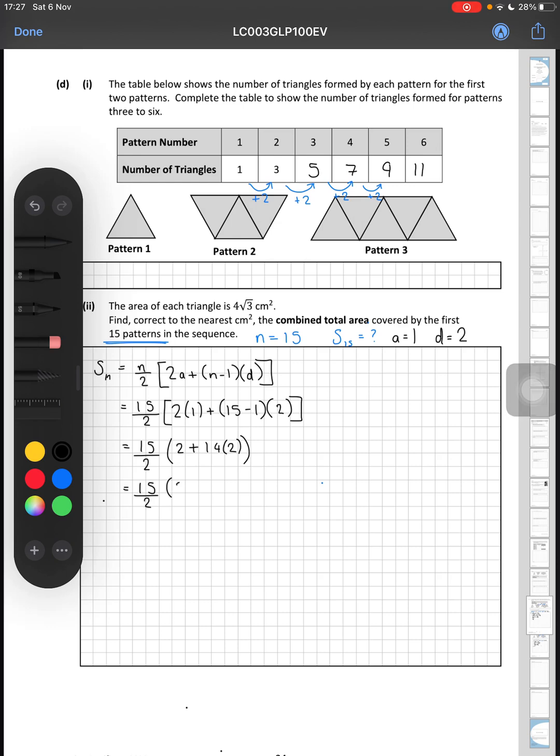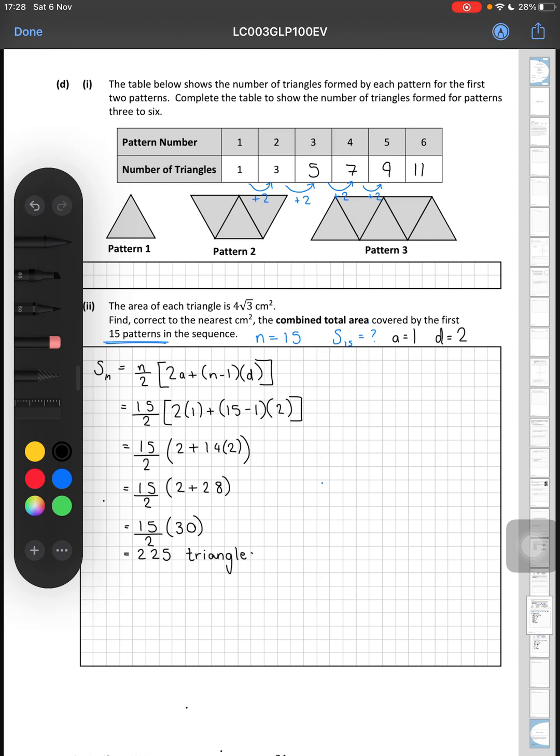So we can switch between square brackets and curved brackets if we want. The square brackets are just there to differentiate, so that we don't have a load of curved brackets and get confused between them. So you can do square brackets, or sometimes I just do much bigger curved brackets. Okay, so 15 over 2 times [2 plus 28]. So we're going to be doing 15 over 2 times 30.